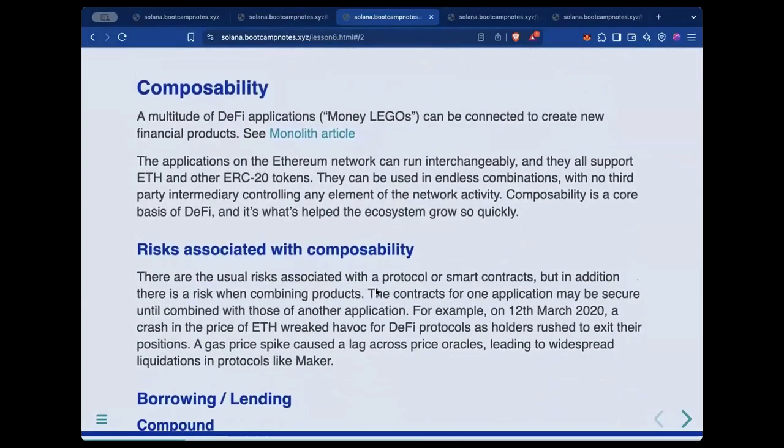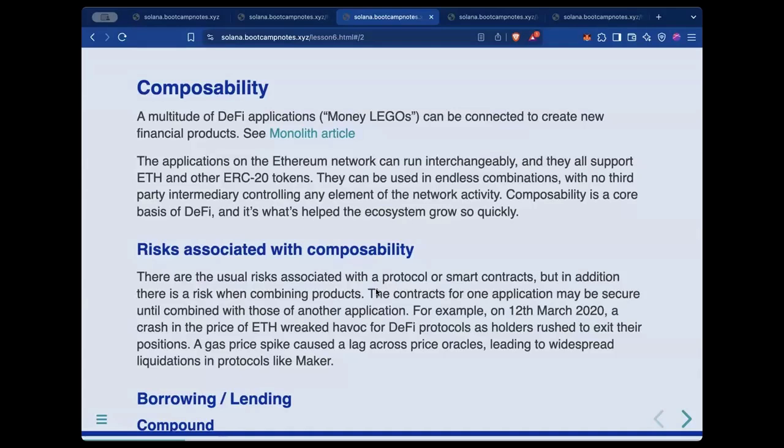Now, an important feature of DeFi protocols generally is the concept of composability and the idea that we can connect the protocols, connect programs together to provide new financial products. And we're able to do this because there is interoperability between the types of products that we have.